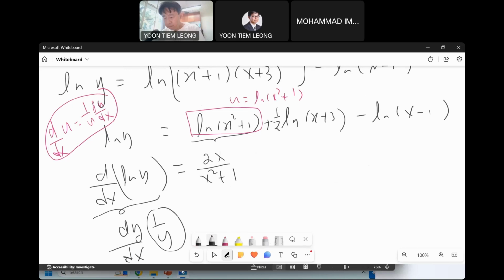Then the other term would be the derivative of this, which is 1 over x plus 3. Then this last term would be equal to 1 over x minus 1.